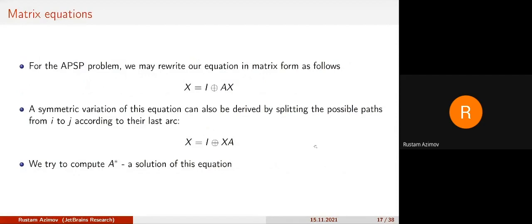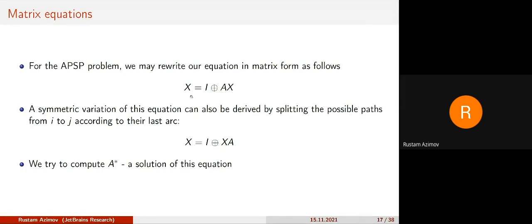And then we can formulate our problem as a matrix equation. Here we again use the splitting of the paths into two parts: the first arc and the rest of the path.